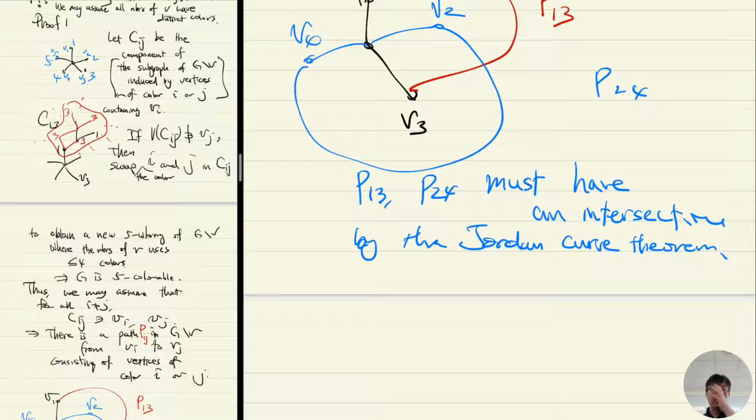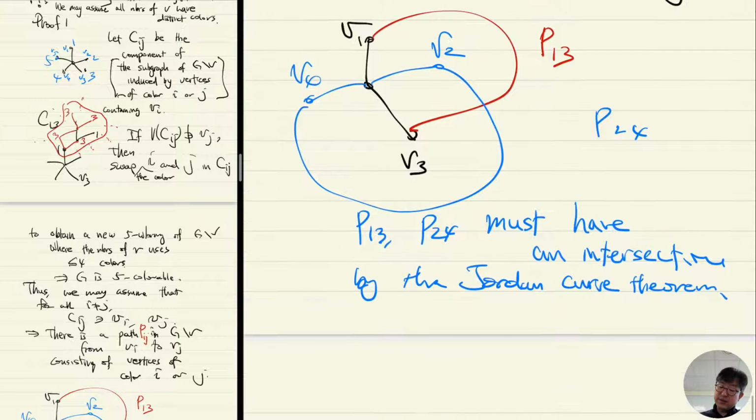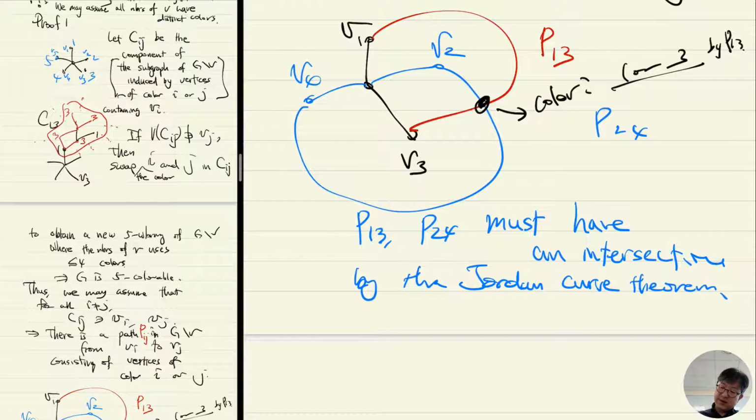But because it's a plane graph, you can only have an intersection at a vertex. So this vertex, what is its color? 1 or 3 by P13, and it's 2 or 4 by P24. That's a contradiction.